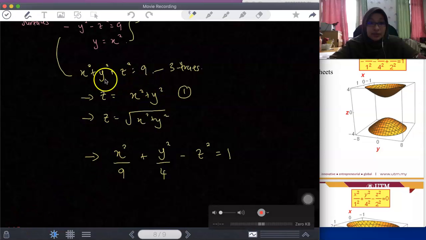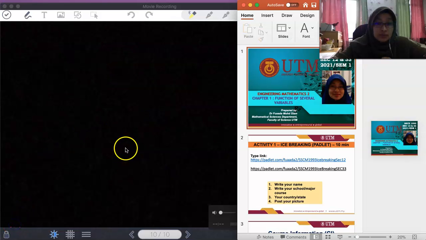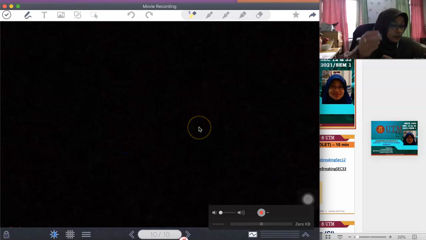So you can see that the total variable is 3, so there are 3 traces, just like you've done in how to sketch the spheres. Okay, so we have just now z equal to x squared plus y squared.